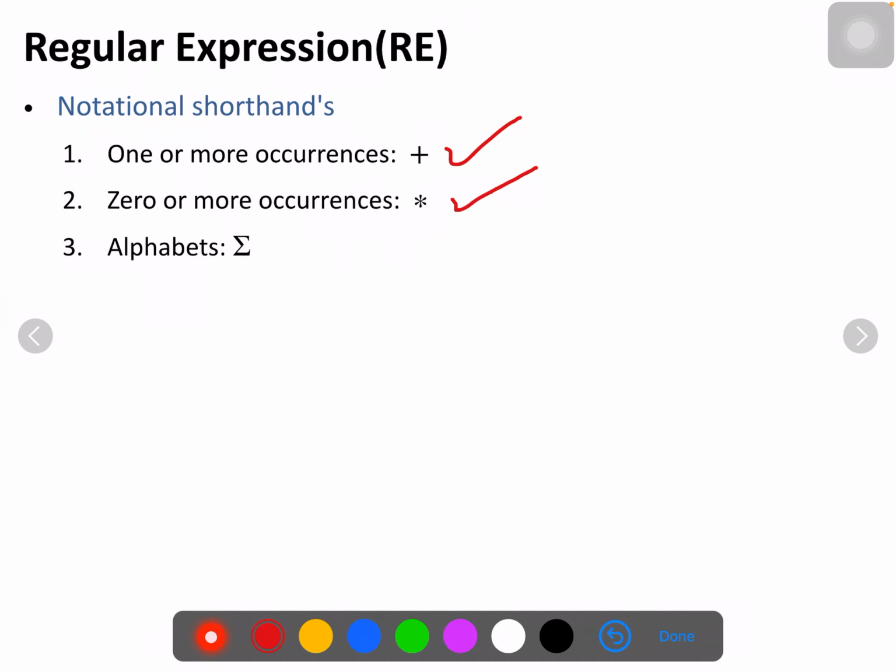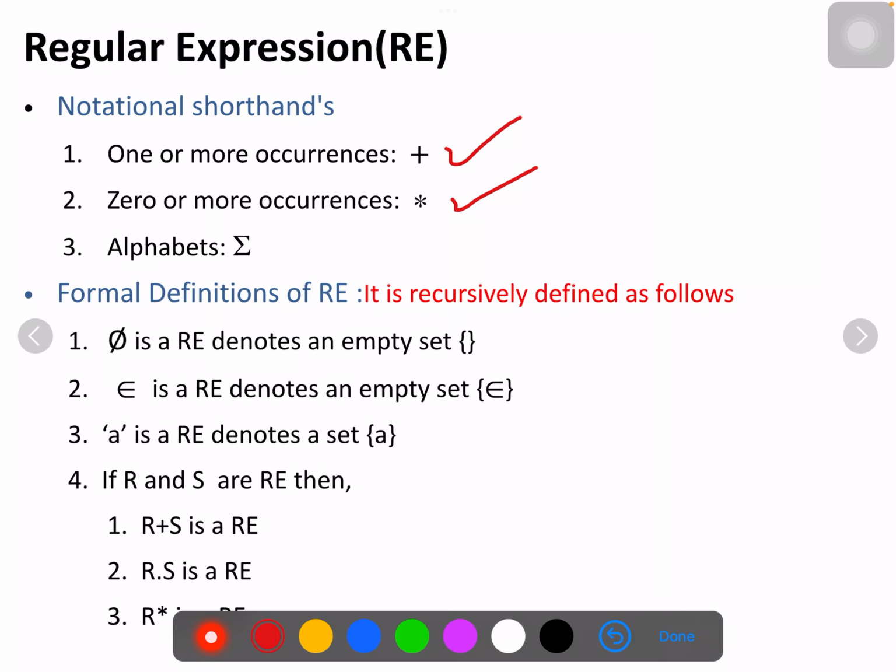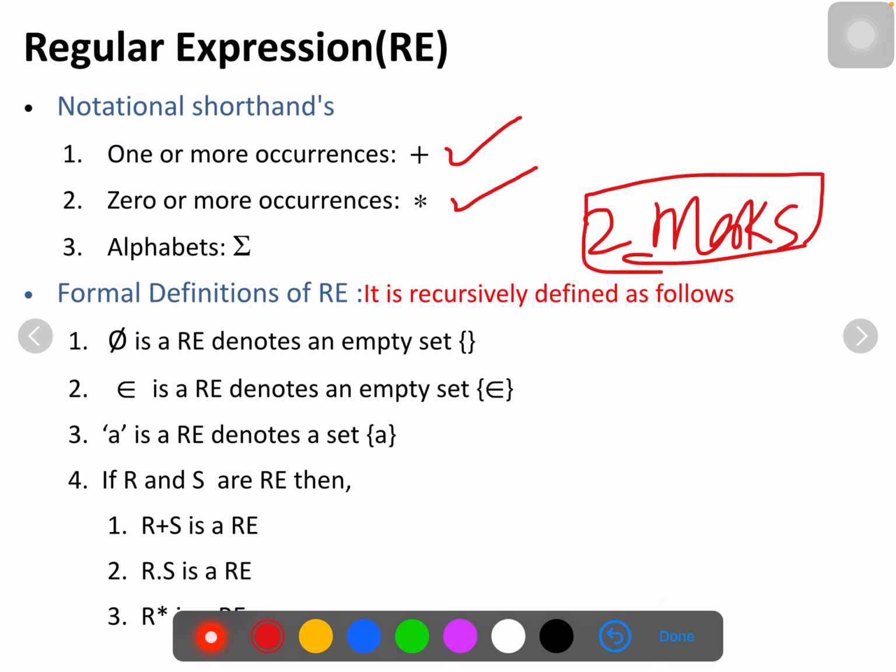One or more occurrence is indicated by the plus operator, and zero or more occurrence is indicated by the star operator, and all are operated over the alphabet, right? So we have seen what is RE and what is a regular language, and it has some operations. The formal definition of RE is very important from the exam point of view.